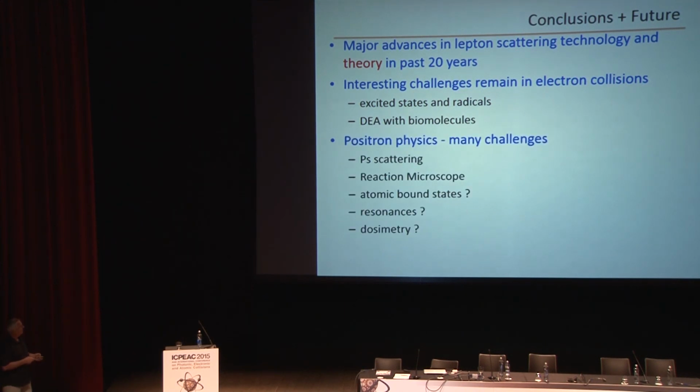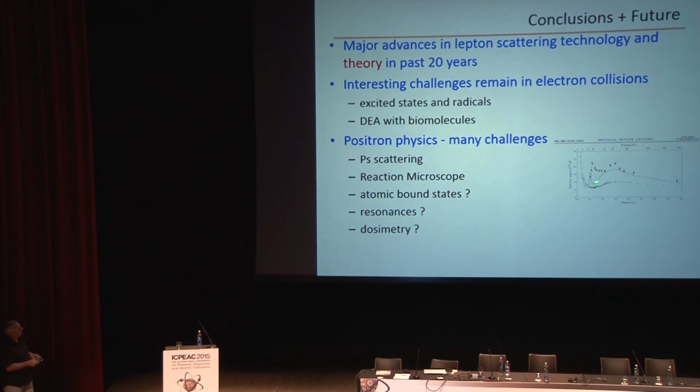There are many challenges in positron physics. I mentioned positronium scattering. There are some really beautiful experiments that are done now at University College where they've indicated that when you scatter positronium from a rare gas or a molecule, it looks more like electron scattering than positron scattering.